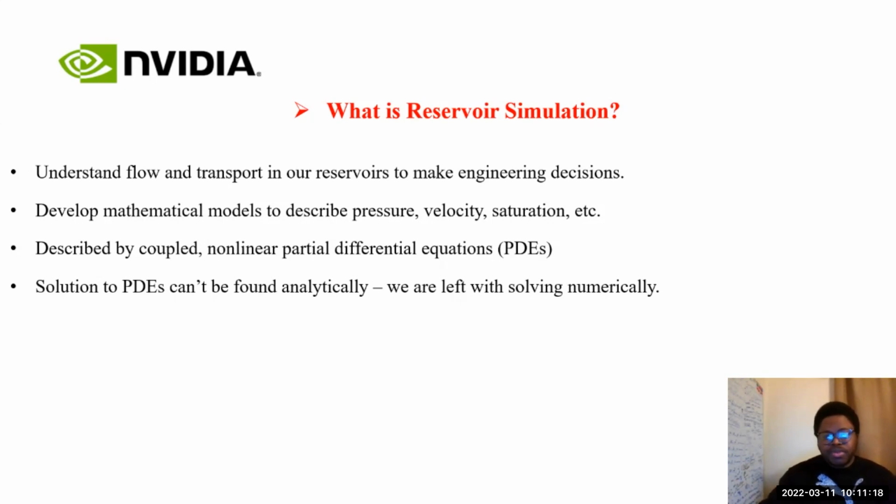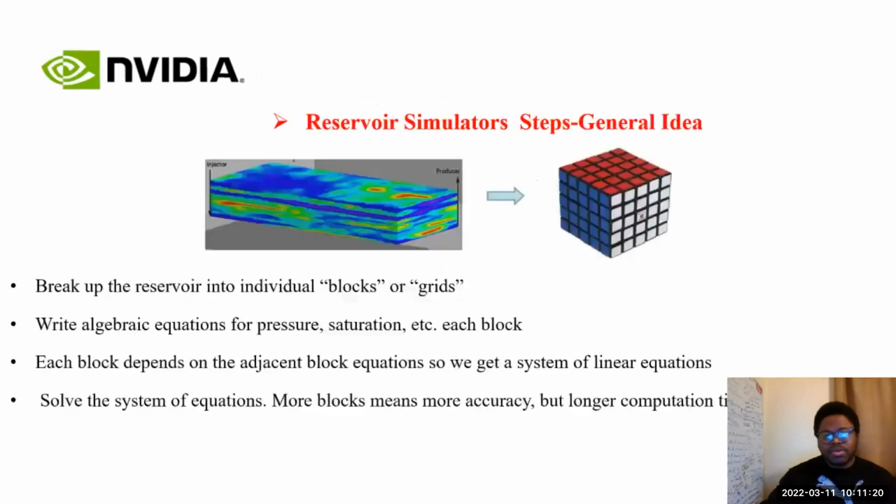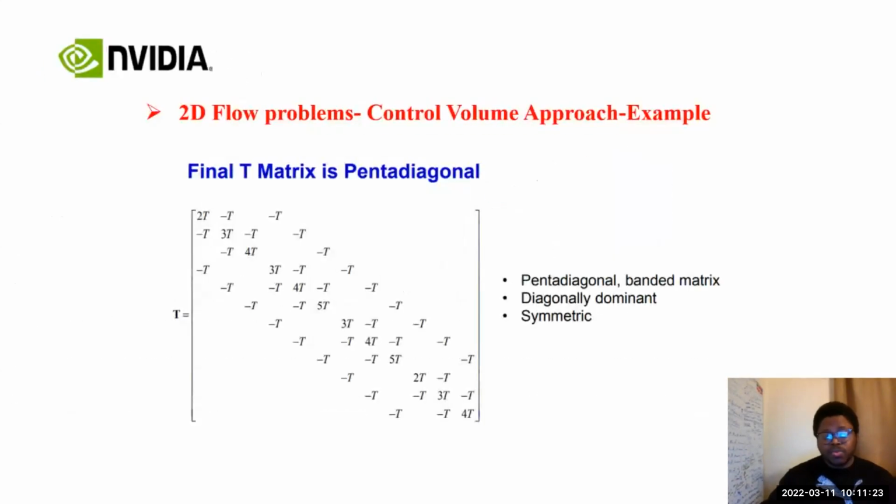So what we normally do is we form these pentadiagonal matrices, which, as I said, are necessary when solving this kind of inverse problem. And for a 2D case, we have this type of matrices, and T is the left-hand part of the Darcy flow equation that needs to be solved for every pixel and the surrounding pixels.